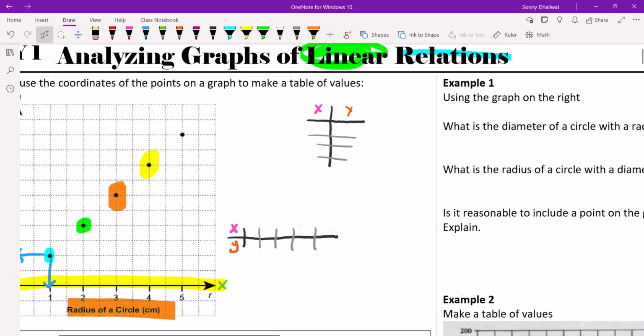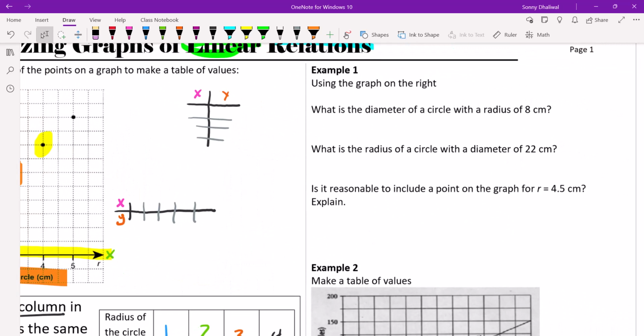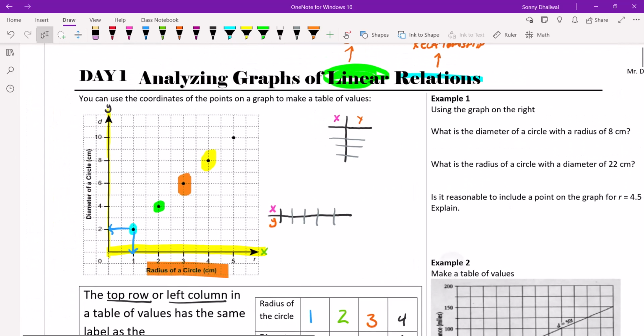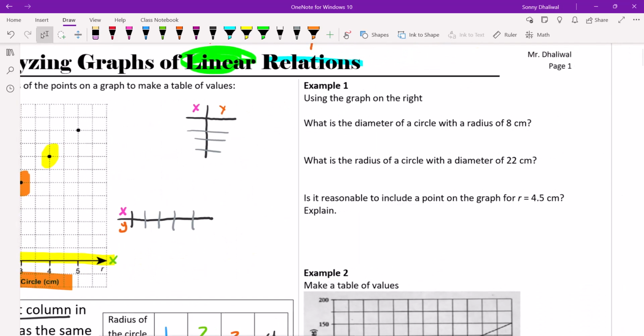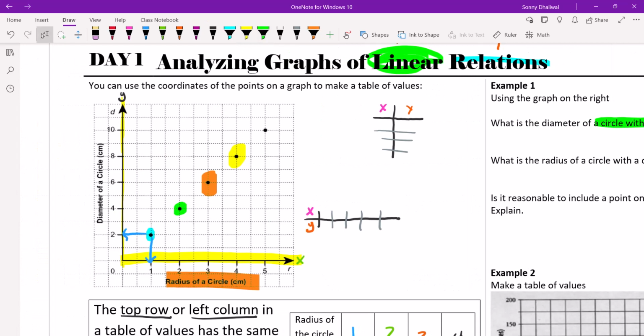So a question may ask you to find a value that's not inside this graph. For example, what is the diameter of a circle that has a radius of 8? And we can't read that off this graph, because radius of 8 is not there.